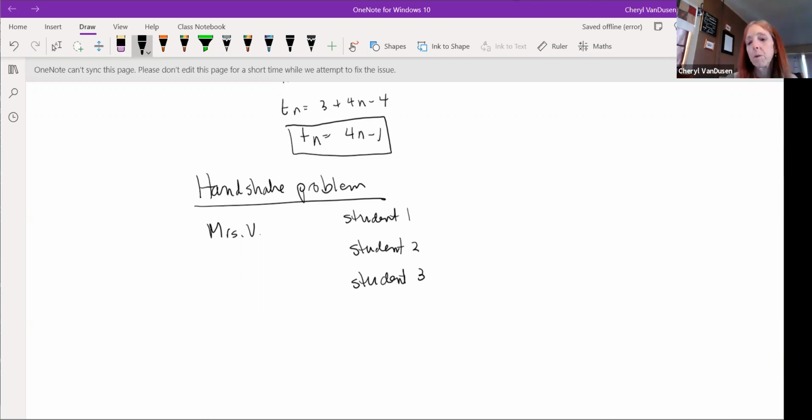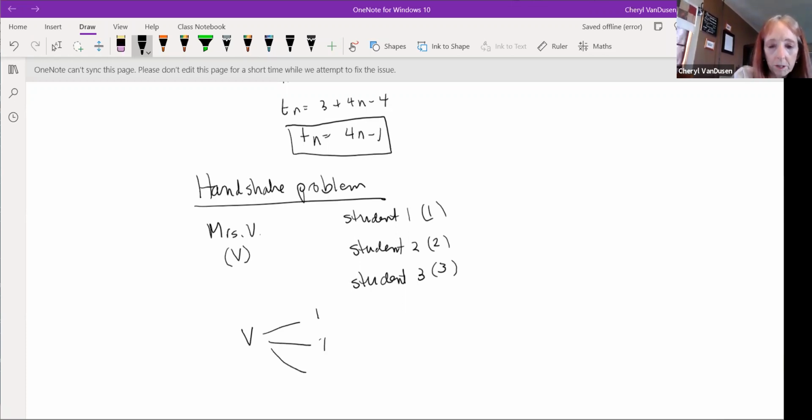Let's say that I want to electronically shake hands with the 3 students. So I'm just going to use V for me, and then 1, 2, and 3 for the students, just to make it easy. So I would step up, and V would shake hands with 1 and 2 and 3.